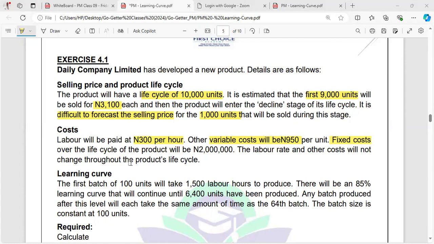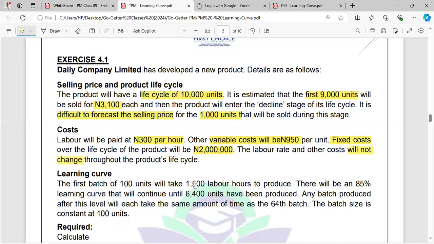Fixed cost over the product will be 2 million naira. So for the whole 10,000 units, which is the whole product life cycle, this is going to be 2 million naira fixed cost. And we are now told that labor rates and other costs will not change throughout the product life cycle.